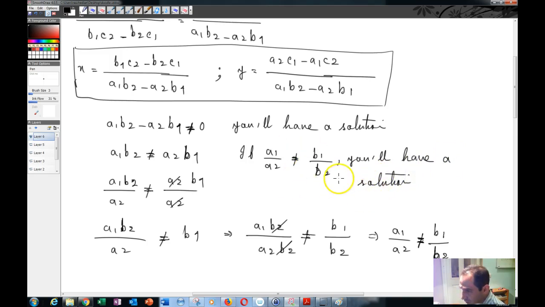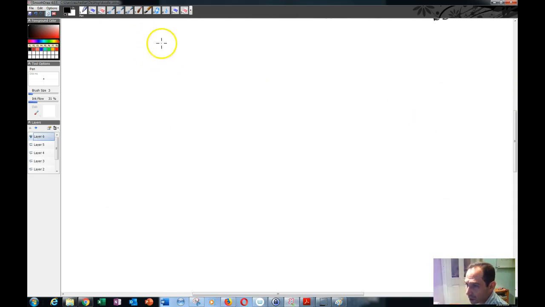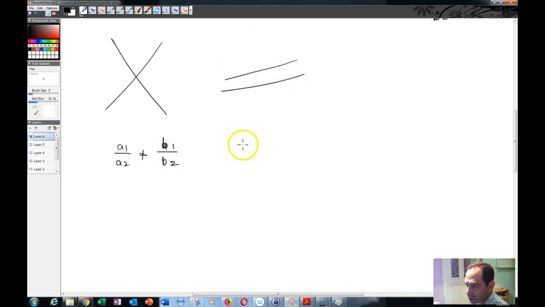Okay, and that basically fits with everything that we have done so far, because we said that we had these three cases. We had an intersecting pair of lines, and there we said that a1 to a2 was not equal to b1 to b2. Then we had two parallel lines. In that case, we said that a1 to a2 is equal to b1 to b2, which is not equal to c1 to c2.